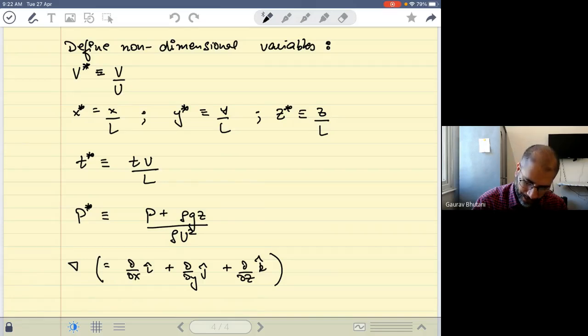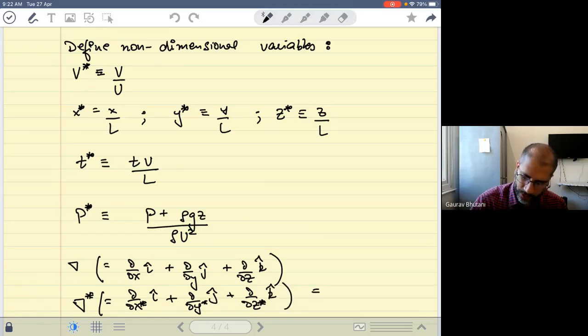We can define a gradient star, which will become del by del x star i and so on, and this is defined as length times the grad operator. All right, so that's how we have defined all the terms.